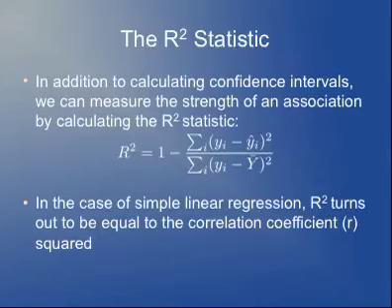Recall that if there's no association whatsoever between x and y, then the optimal regression slope will be 0, and the optimal predictor of y given x will just be y bar, because knowing x doesn't tell us anything about y, so the best prediction of y is just the mean value of y, not surprisingly.